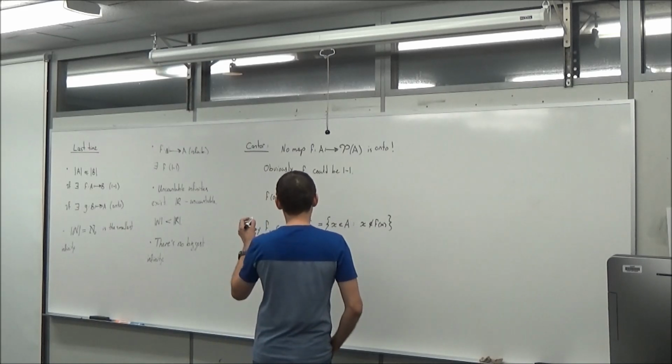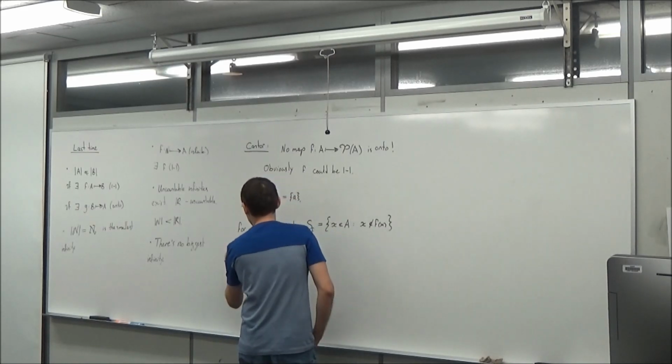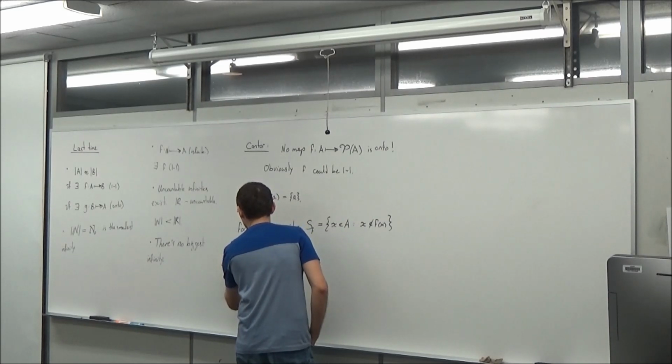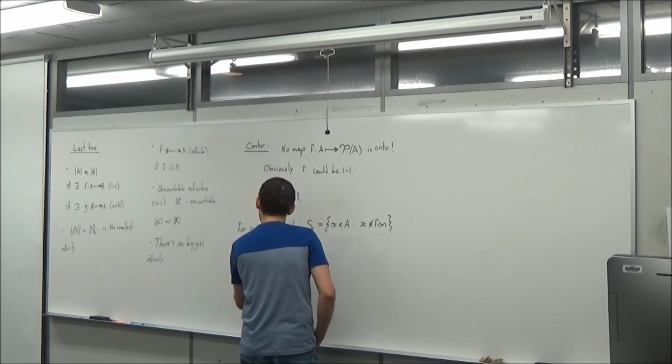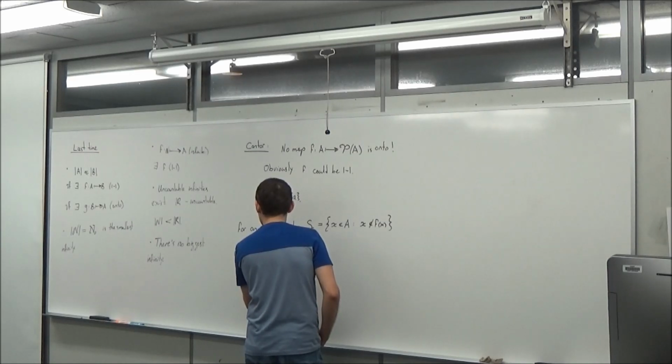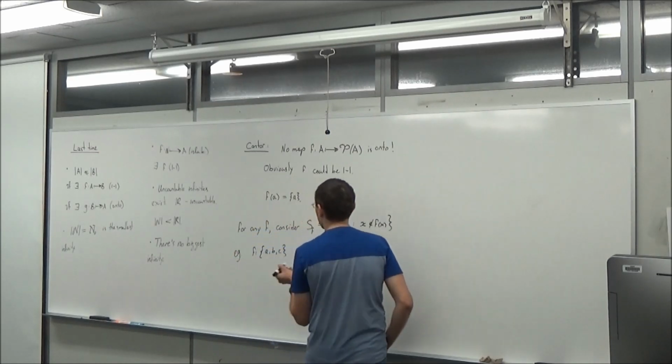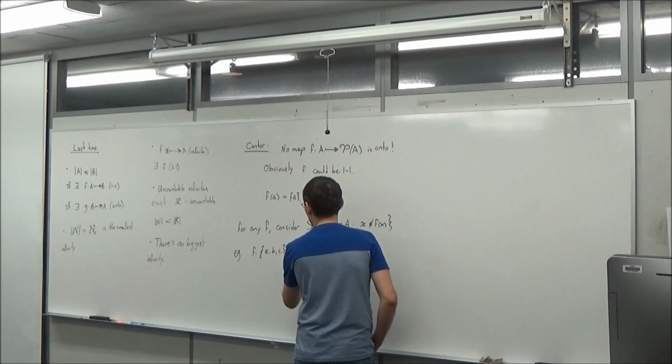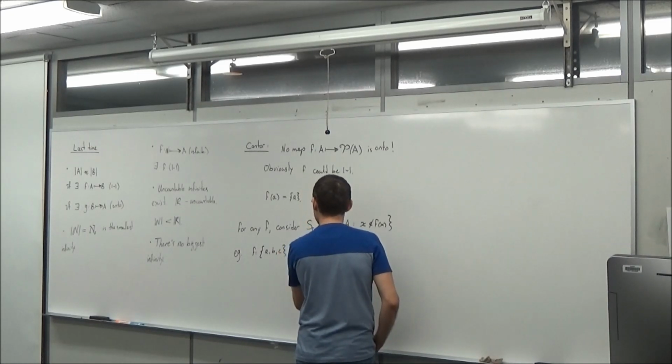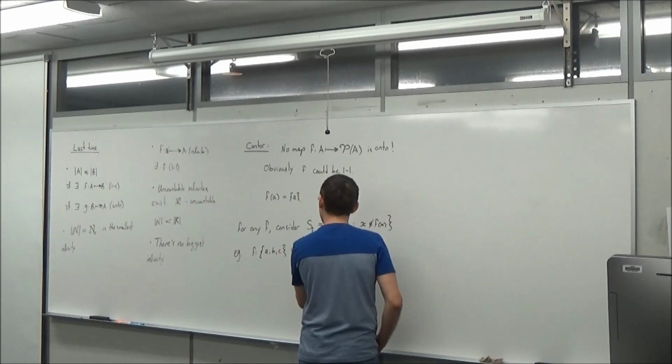So what you have is this situation. Think of this example. We have f being some map from the set {A, B, C}, and those are just three candies, into the power set of {A, B, C}.